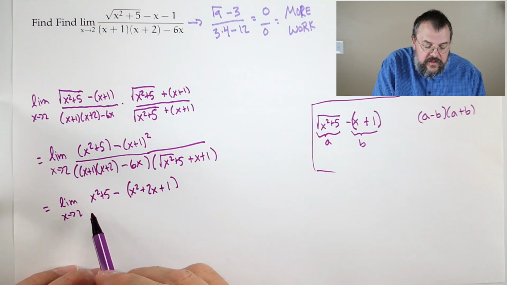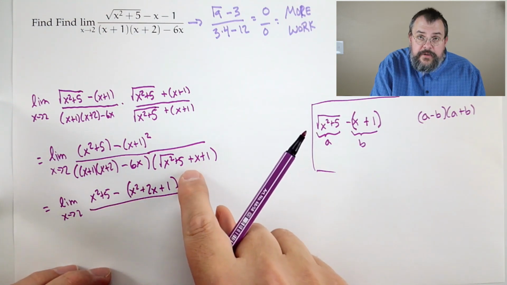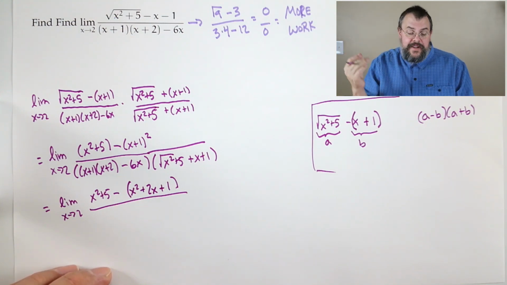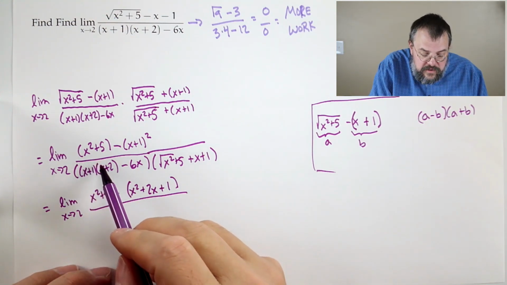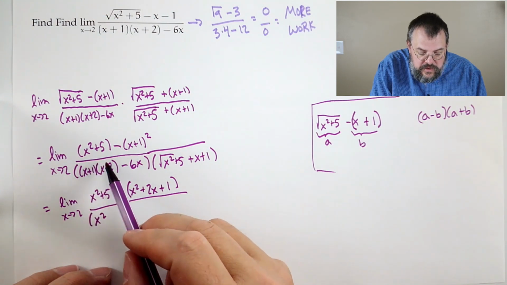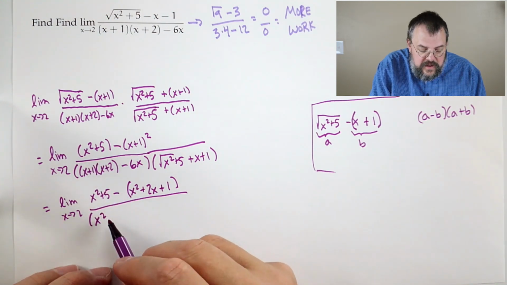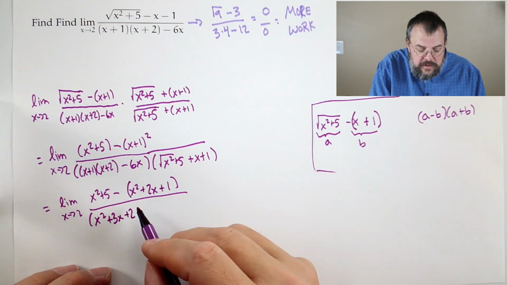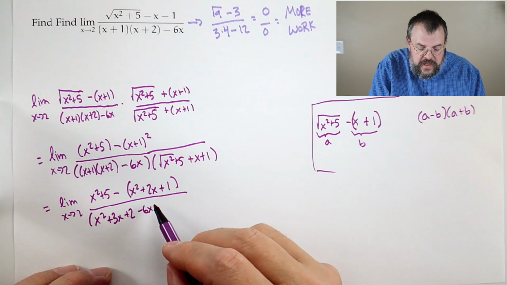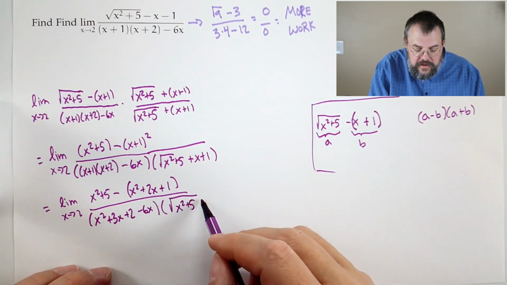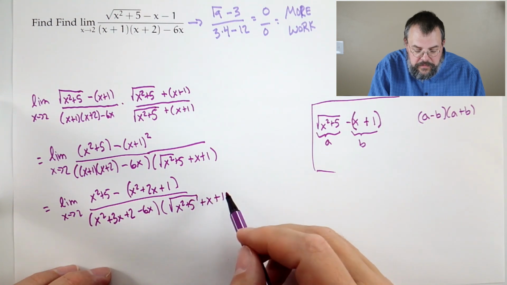Good. Downstairs, there's not much we can do with the second piece, but the first piece we can manipulate by expanding. So it would be x squared, then we have plus 2x plus x, so that's plus 3x, plus 2, then minus 6x. And then we have, of course, the square root of x squared plus 5 plus x plus 1.